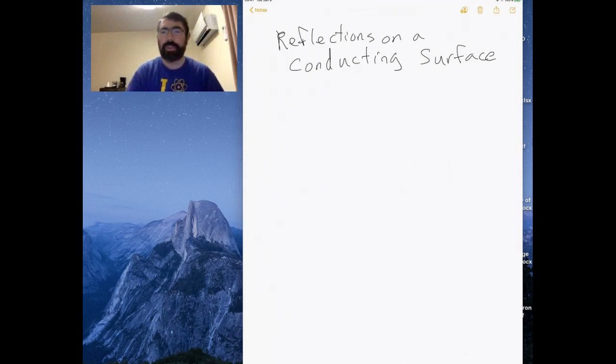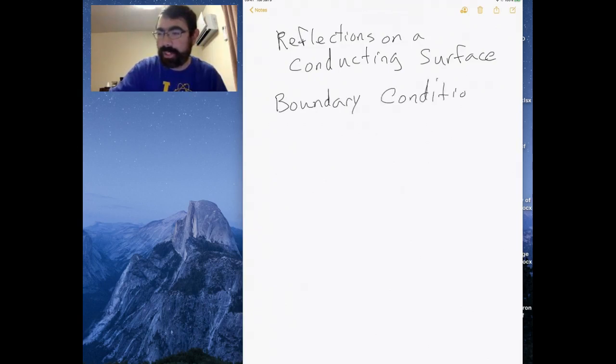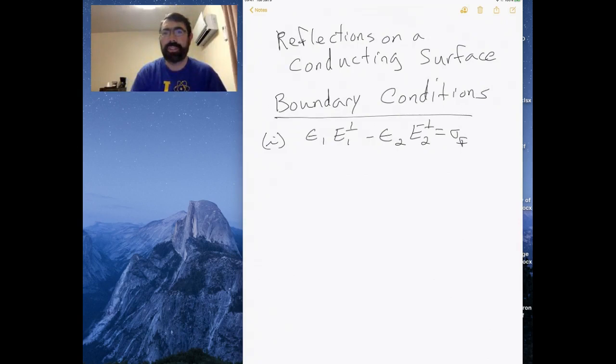So what we're going to do is start with the boundary conditions. These are your standard boundary conditions that we've used in previous lectures, where the first one is that the perpendicular component of the electric field at the boundary basically equals the free charge density on it.